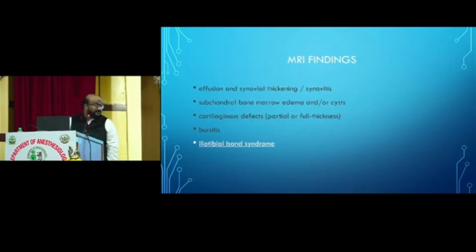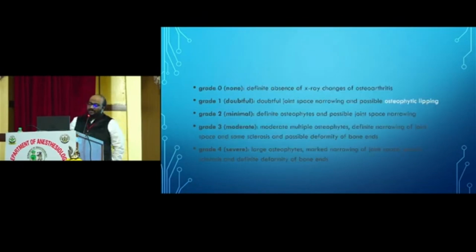The MRI findings in the same OA will be effusions and synovial thickening or synovitis, subchondral bone marrow edema, cartilaginous defects, bursitis or iliotibial band syndrome. So the grading for OA is from 0 to 4, 0 being definite absence of X-ray changes, 1 being doubtful joint space narrowing, 2 with osteophytes and possible joint space narrowing, moderate with multiple osteophytes, definite joint narrowing, and some sclerosis.